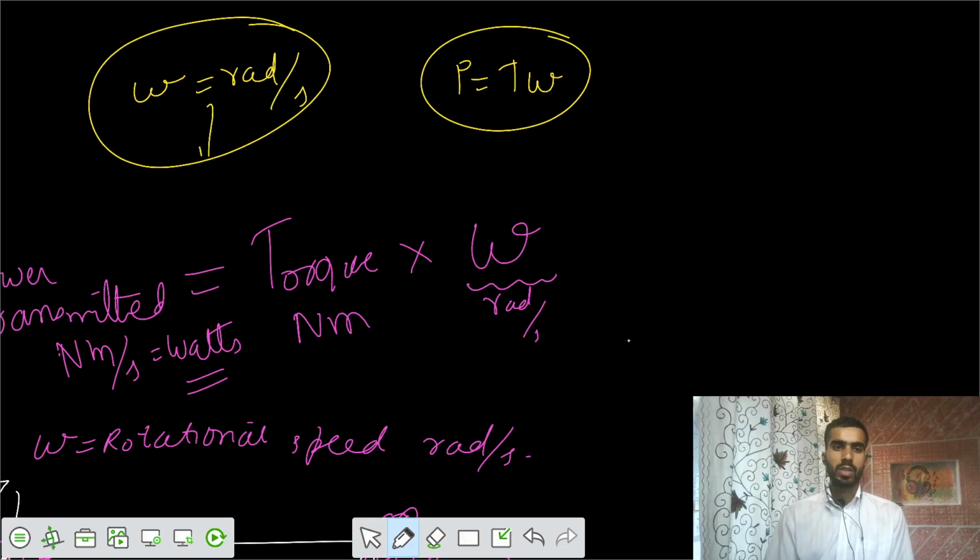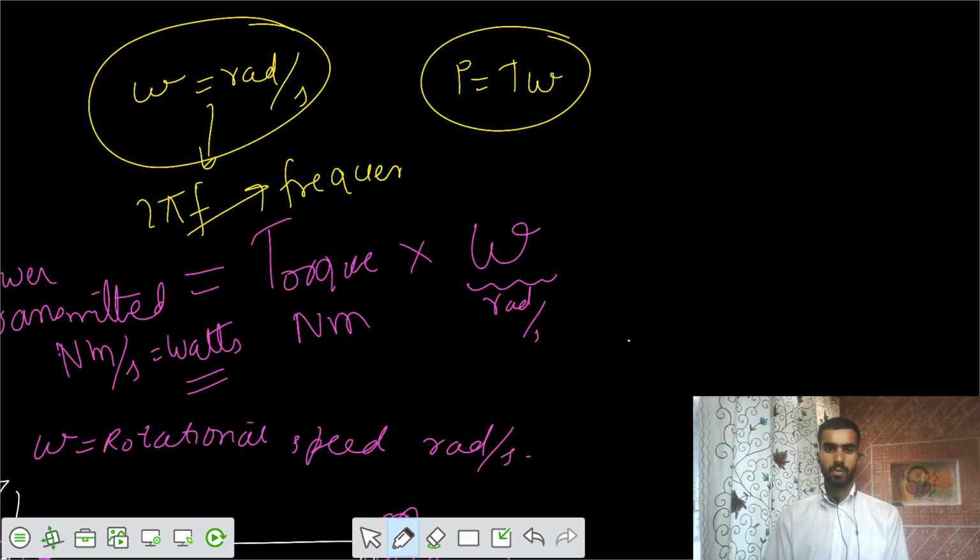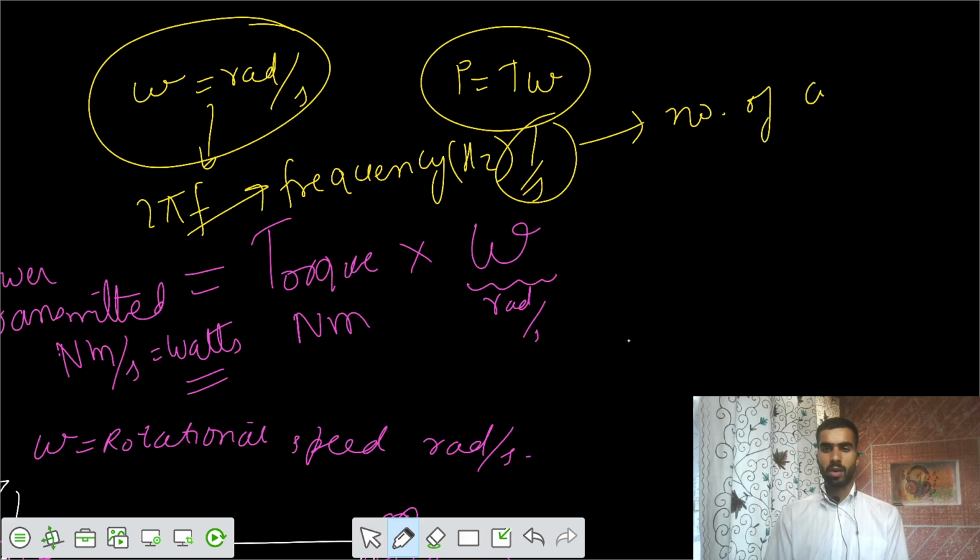If you convert it, omega is 2 pi nu, or 2 pi f, where f is your frequency, the number of revolutions per second, hertz. How many times the shaft is rotating per second?